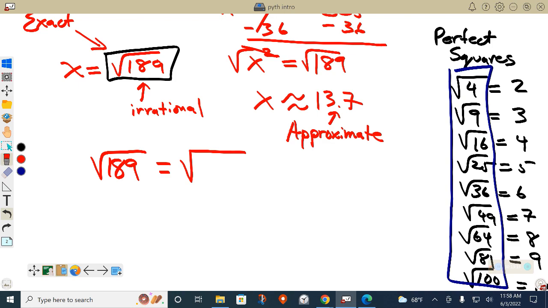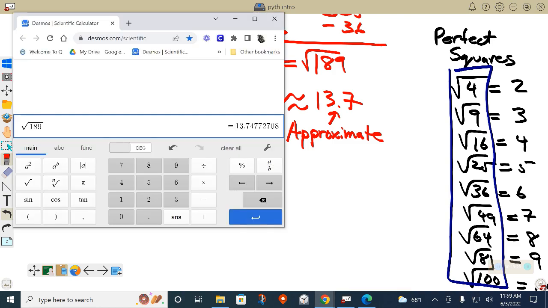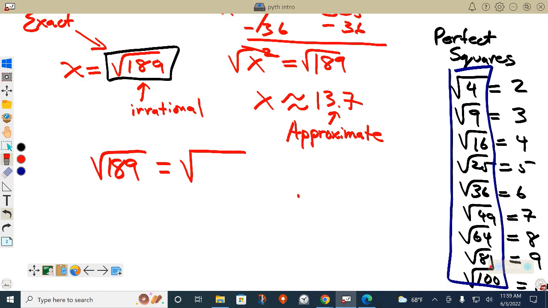Does 9 fit into 189? Yeah. I think you're right, but let's start with 4 first. Watch. So look at 189 divided by 4. Let's see if 4 goes in evenly. Watch. No, it doesn't. Okay, let's try the next one, 9. 189 divided by 9. Boom. Goes in perfectly. So watch what I'm going to do. I'm going to rewrite 189 as 9 times 21.